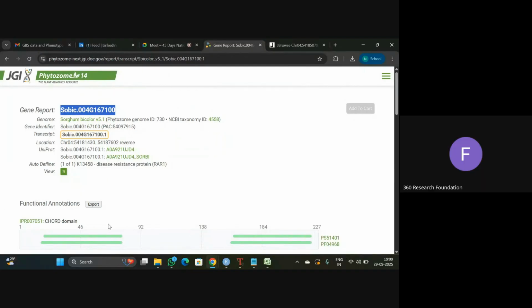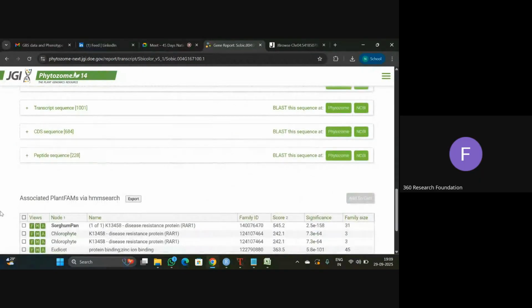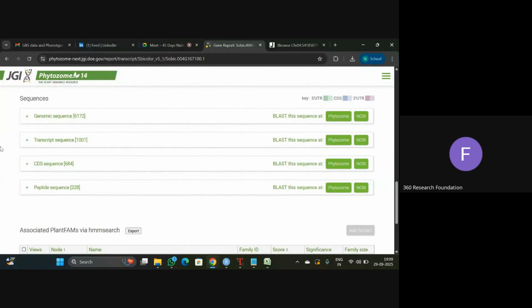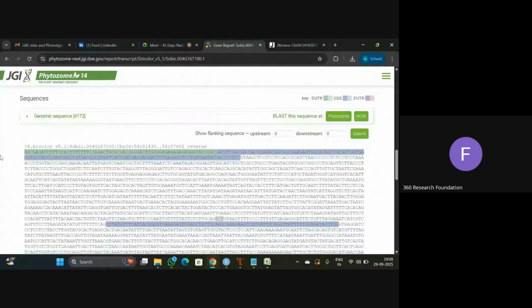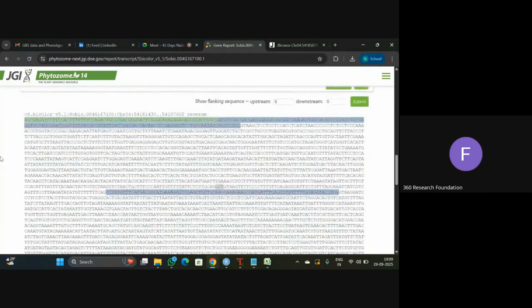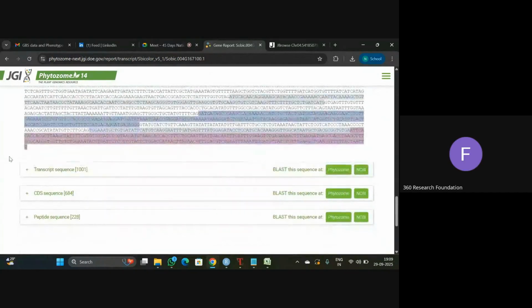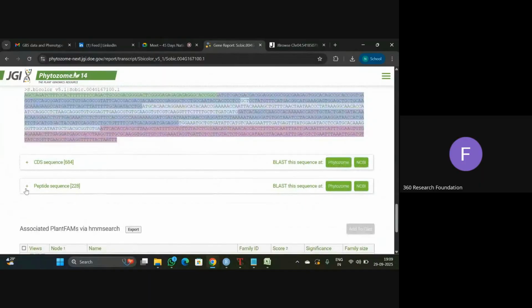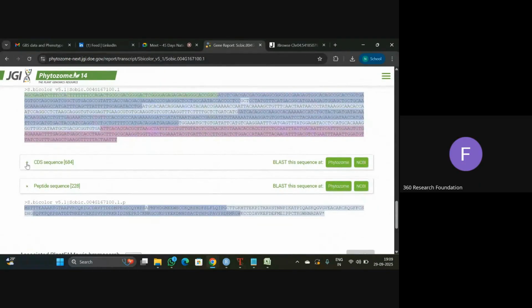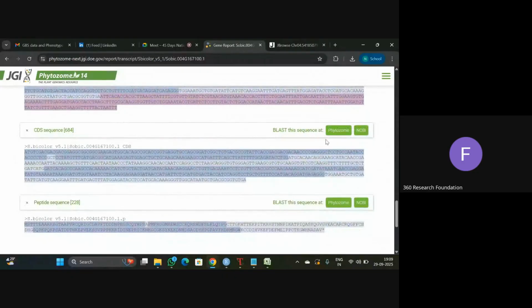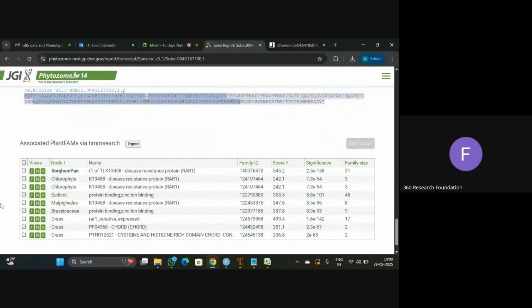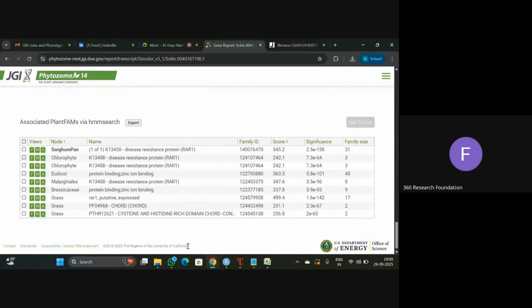So likewise here, you will get the total details. Again, these sequences, as I told you. See, these are the genomic sequences. So all these peptide, CDS, and directly from here you can go for blasting at NCBI.